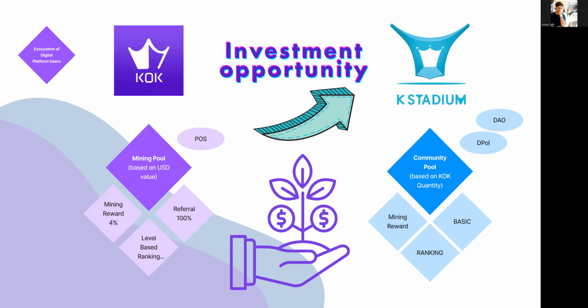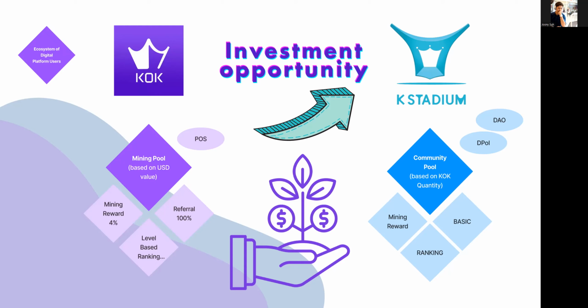However, the investment opportunity is far greater right now and will be in K Stadium through its new proof of not stake, but proof of investment model called delegated proof of investment. This started through POS becoming a DPOS, so proof of stake becoming a delegated proof of stake.